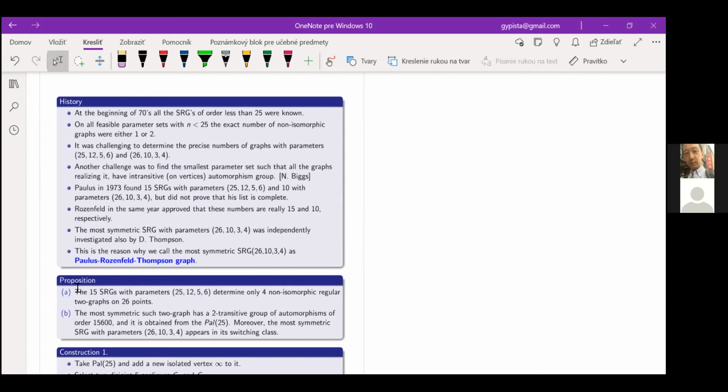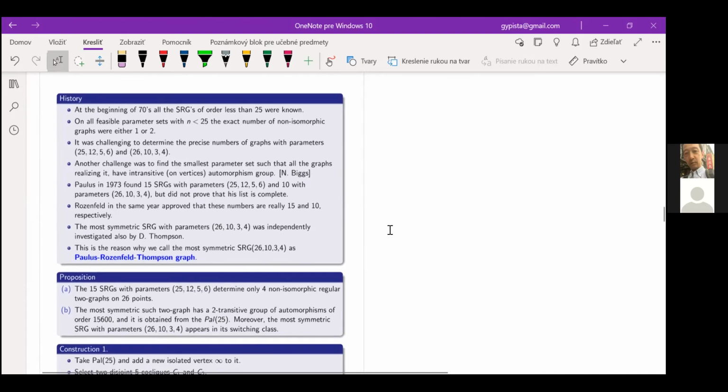Just a few years later, Paulus started a search for all strongly regular graphs with the mentioned parameters, and he found 15 such graphs with the parameter set of order 25 and 10 of order 26, but he was not claiming that this list is complete.